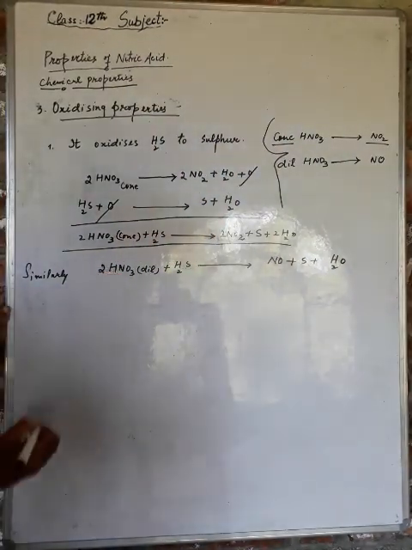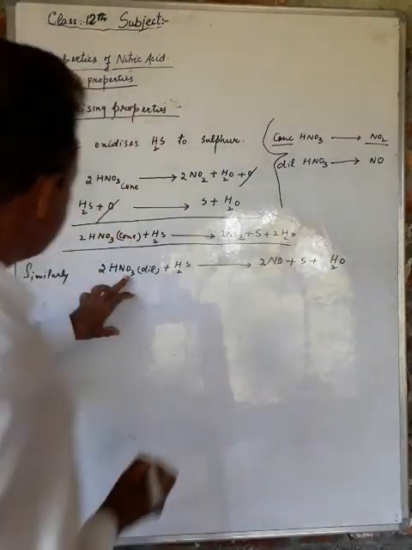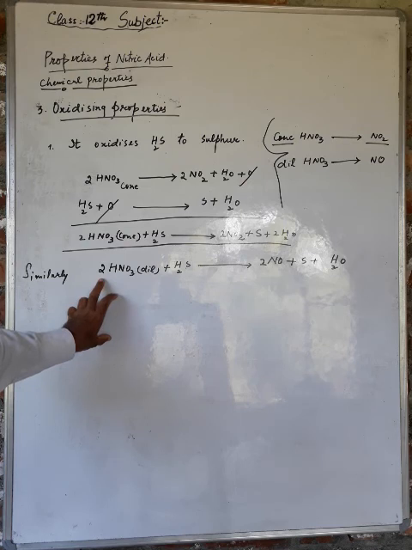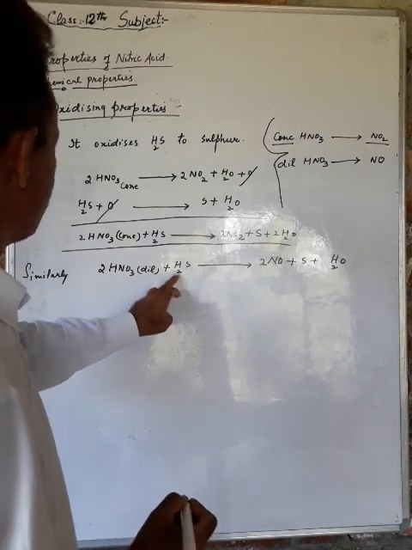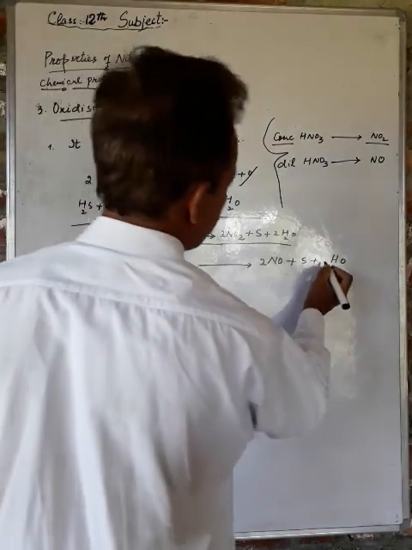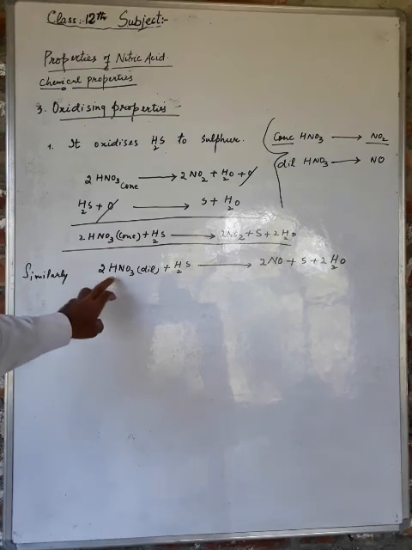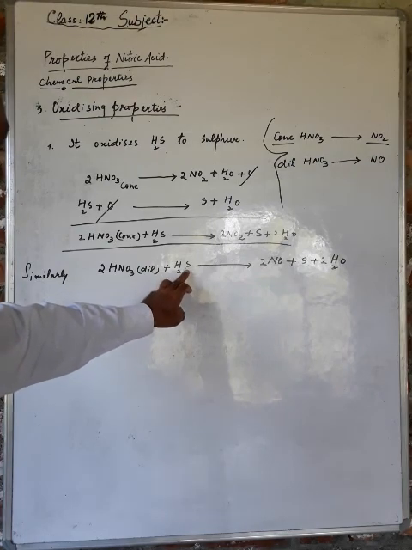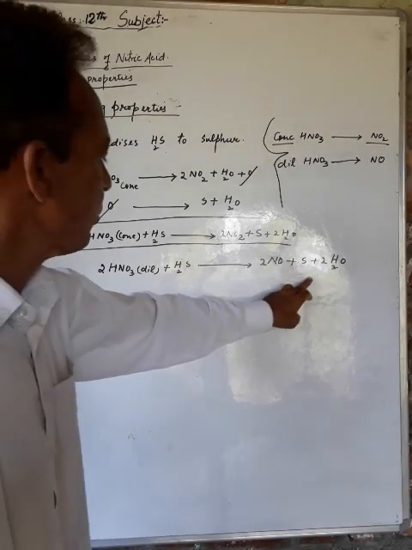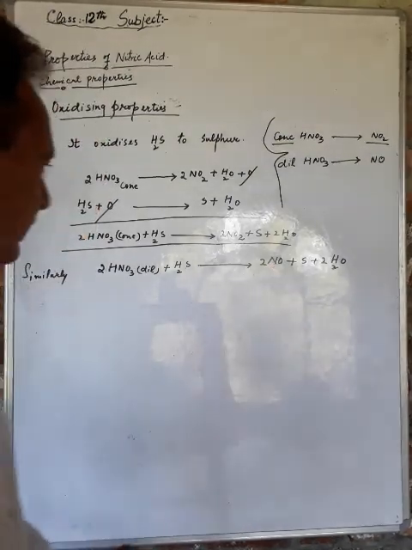Twice NO twice. This is 6 times oxygen here, and hydrogen is 4 times, 2 and 2, 4. Hydrogen 4 times, sulfur 1 time. So this is the balanced chemical equation. Twice nitric acid dilute oxidizes hydrogen sulfide to sulfur, and it also forms nitric oxide.